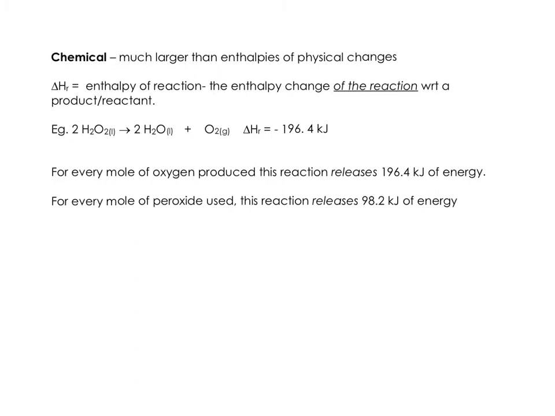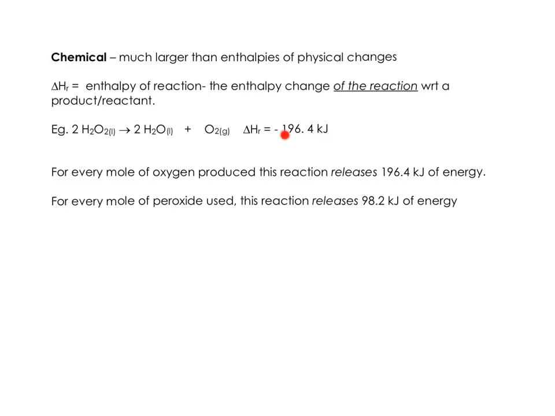So in this equation, we have 2 molecules of hydrogen peroxide, and they are decomposing into 2 molecules of water and oxygen gas. The enthalpy change for this reaction is negative 196.4 kilojoules.